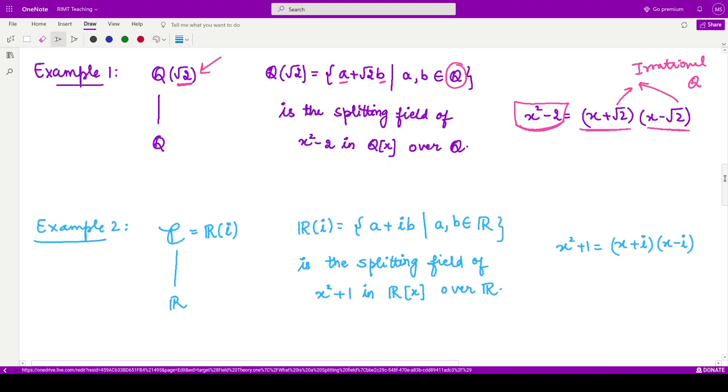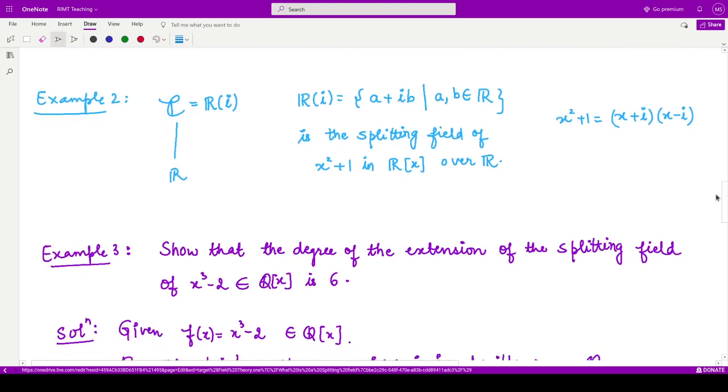The next example is that of the field of complex numbers over the field of real numbers. The field of complex numbers would be written as the field of real numbers where iota has been adjoined to it. So it could be written as a plus iota b kind, where both a and b are real numbers.